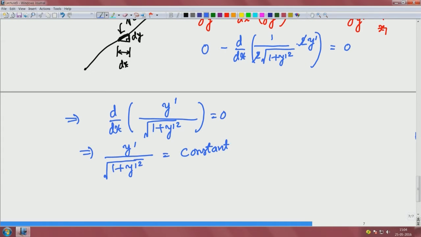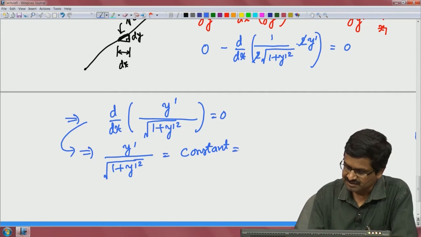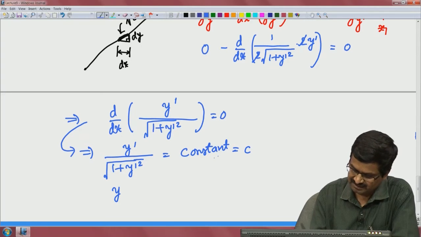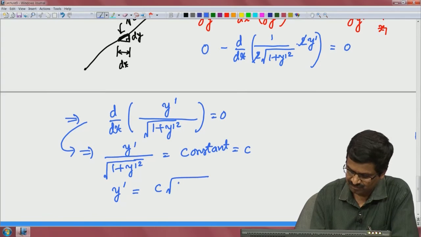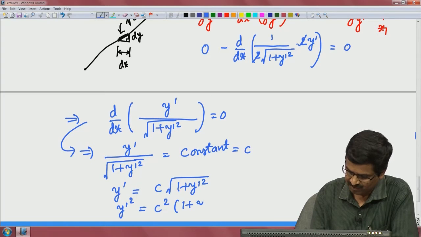In other words, we integrated from this step to this step. Now, if you say this constant is some c, then I can take this to the other side: y' equals c times square root of 1 plus y' square. I can square both sides, so y' square equals c square times 1 plus y' square.